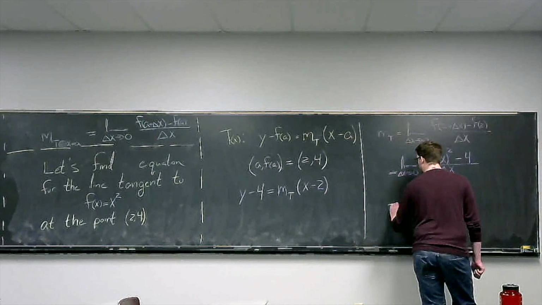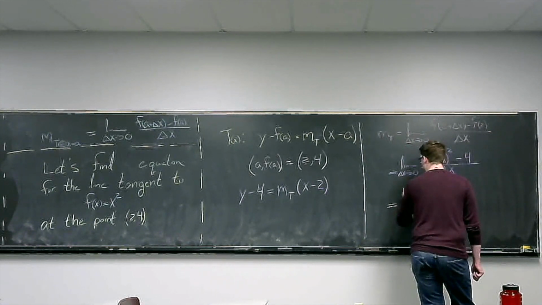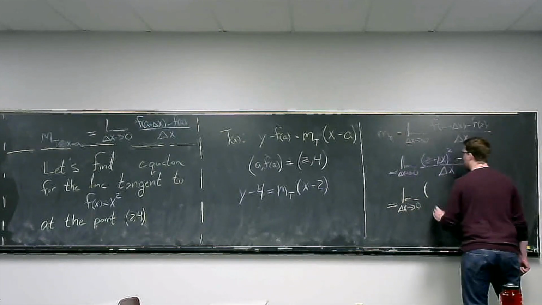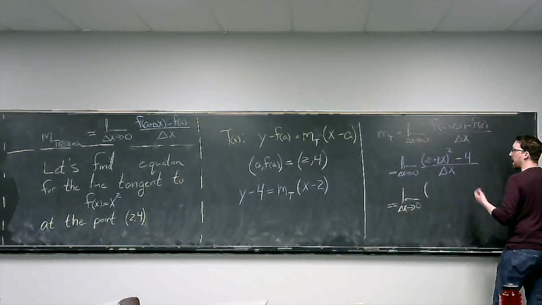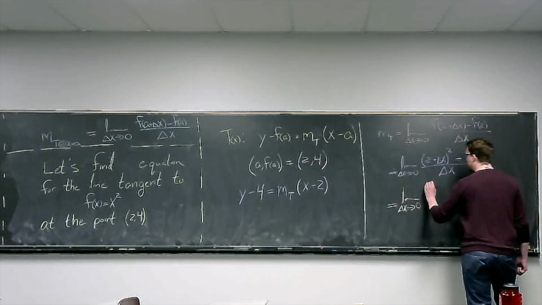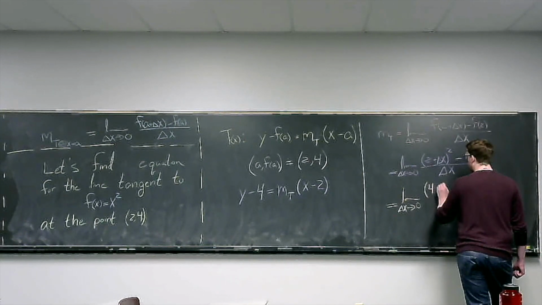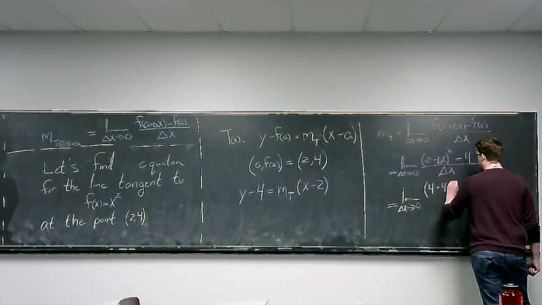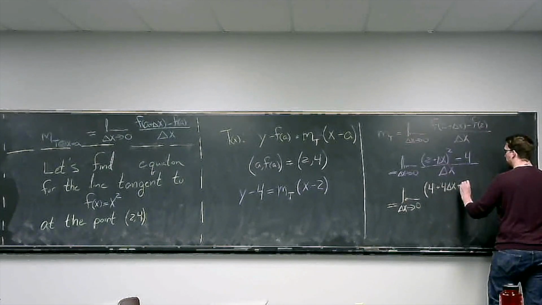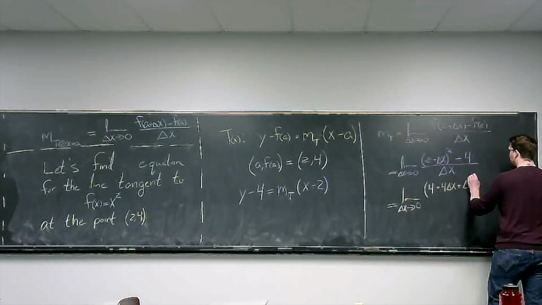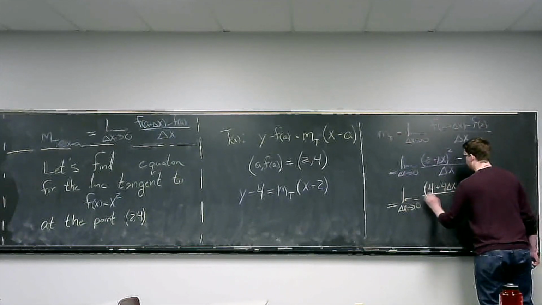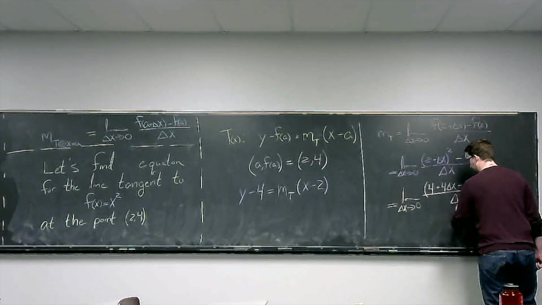Expanding that part out, we get the limit as delta x goes to 0 of this 2 plus delta x, that quantity squared, when we expand it out, will come out to be 4 plus 2 times 2 delta x, or just 4 delta x, plus delta x, that quantity squared, minus all that, minus 4, and all that divided by delta x.